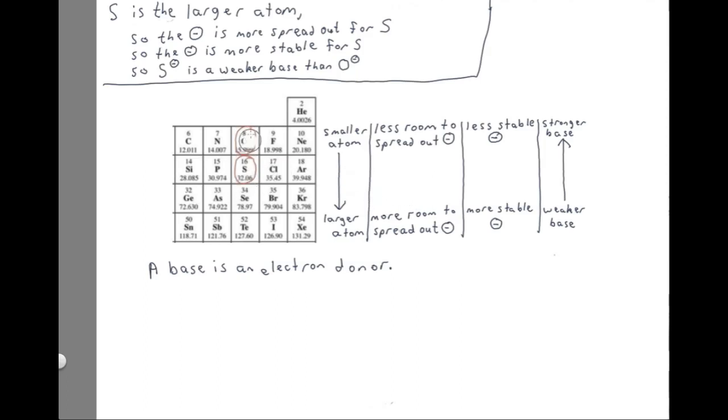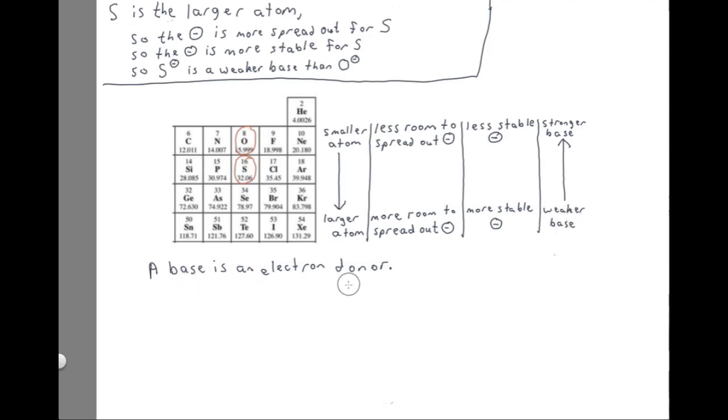When you're comparing two elements in the same column of the periodic table, like oxygen and sulfur, base strength decreases when you move down the column. Base strength increases when you move up the column, and that's based on atomic size. When you move down a column, you get to larger atoms with more room to spread out the negative charge, making the negative charge more stable and less eager to be donated.